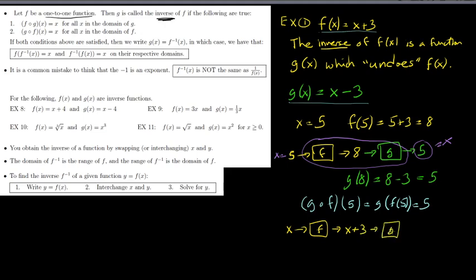Now if you put that into g, it just subtracts 3. So you have x plus 3 minus 3. Well, 3 minus 3 is 0, so you just get x plus 0, which is the original x. The input becomes the same as the output.